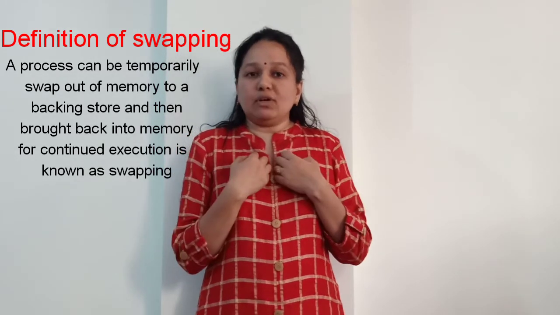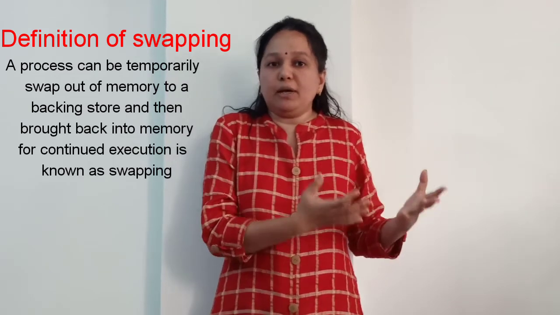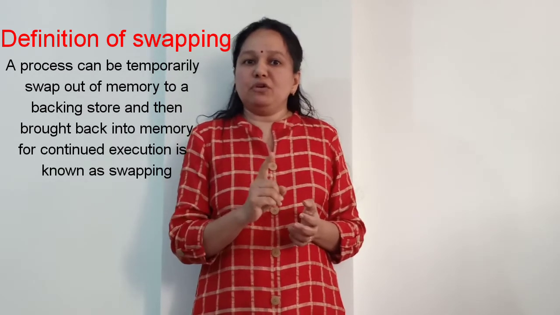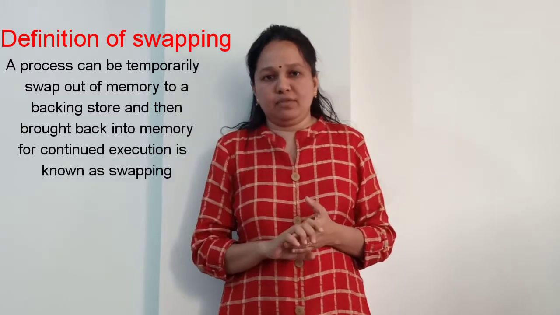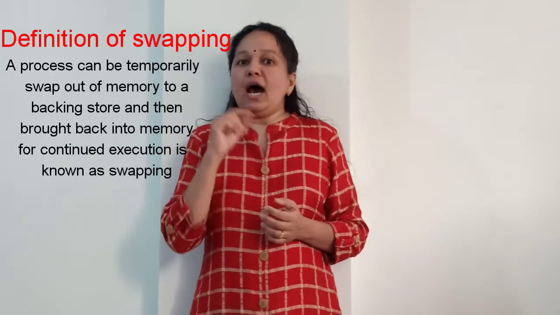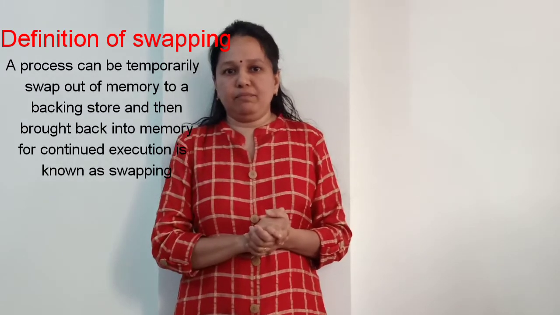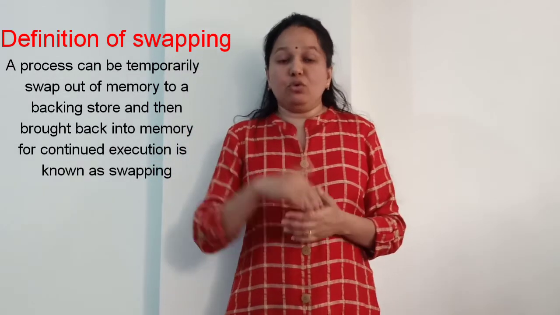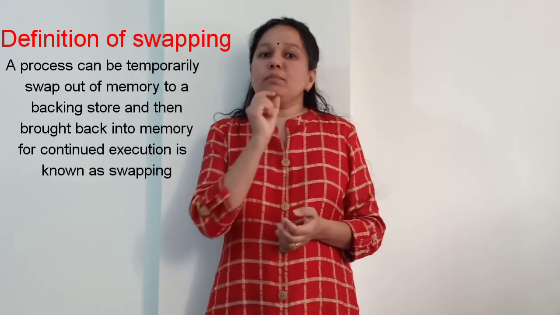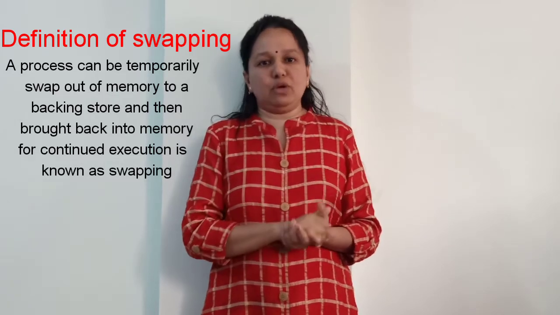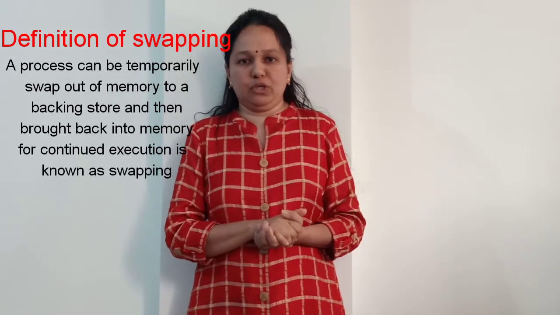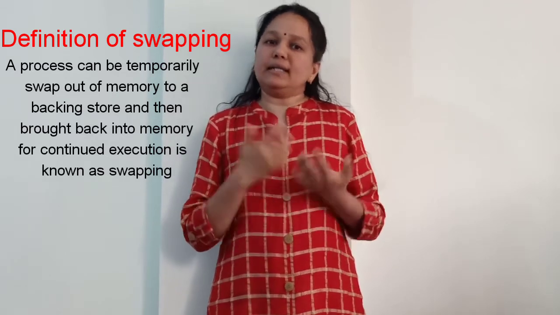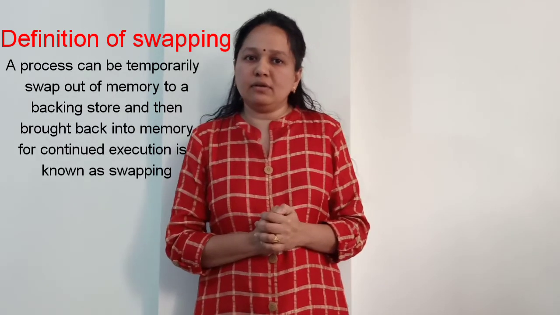And what is our ultimate aim, or what is the ultimate performance we want from the system? That my CPU should be busy every time so that I will get a high degree of multiprogramming. I want the maximum utilization of the CPU. To achieve all these things, the CPU must have something to execute at all times. But when swap out and swap in is going on, the CPU is idle.